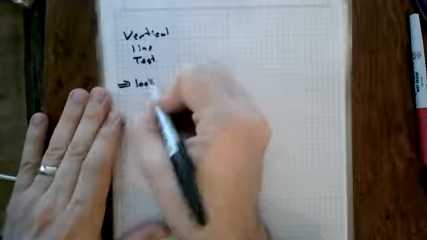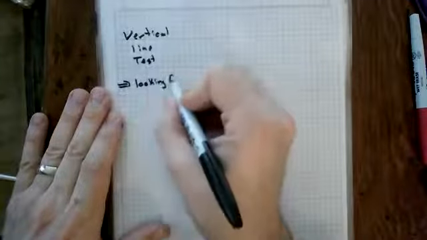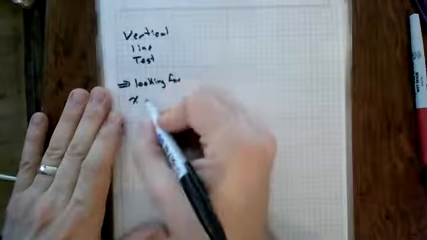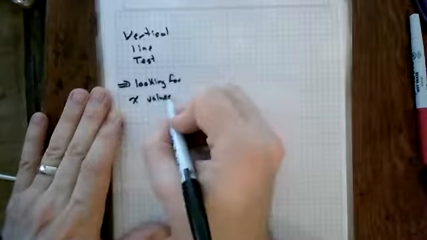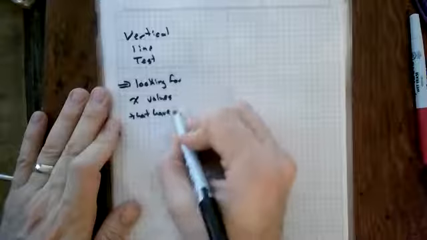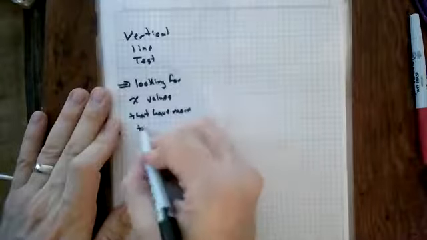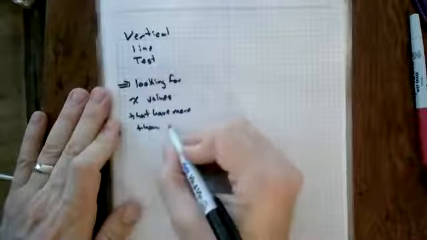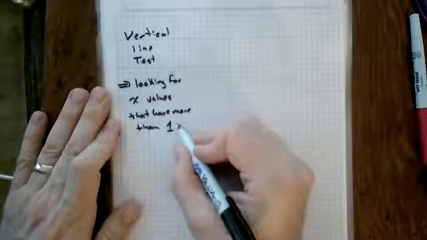Again, we're looking for x values that have more than one y value.